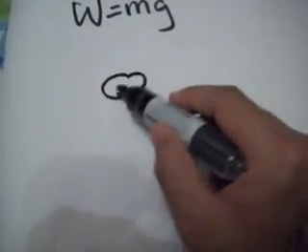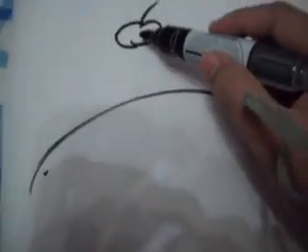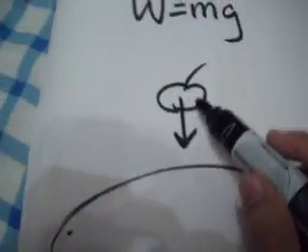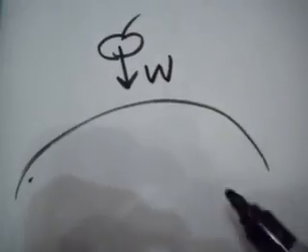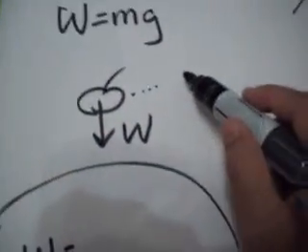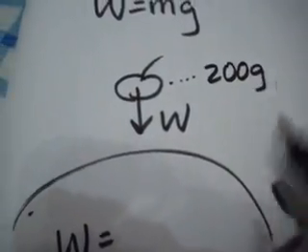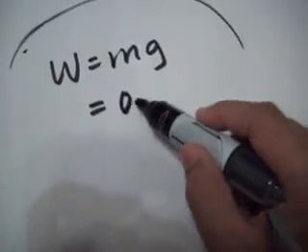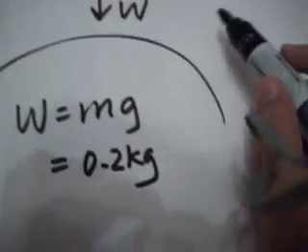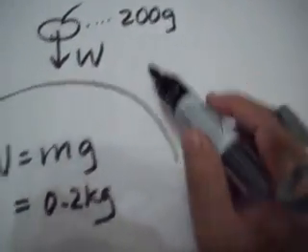Example, if I have an apple, now the planet Earth will attract the apple with a certain gravitational attraction force that we call weight. Now if this apple is 200 gram, then when we apply this equation to find the weight, remember that the mass must be in kilogram. 1 kilogram is 1000 gram.